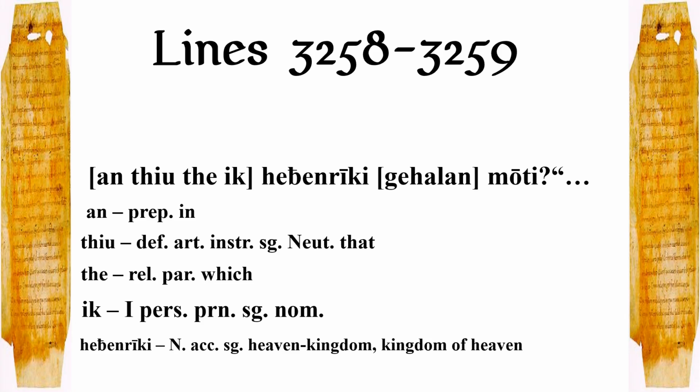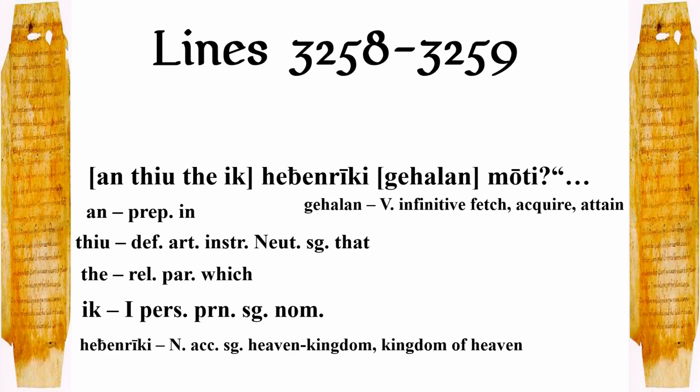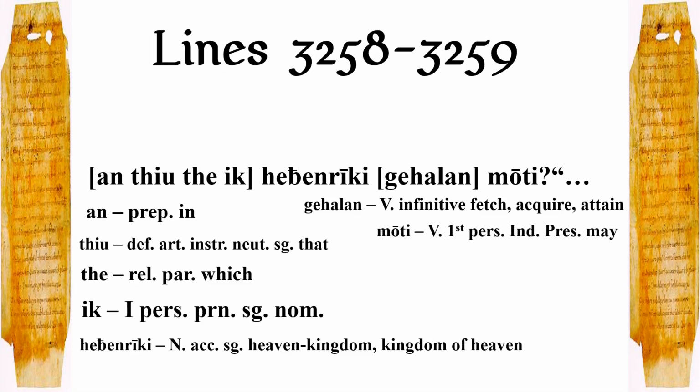And we have our main verb here, yahalan, which means to fetch, to acquire, to attain. And then we have a sort of auxiliary verb here, muti, which is translated as may, right?